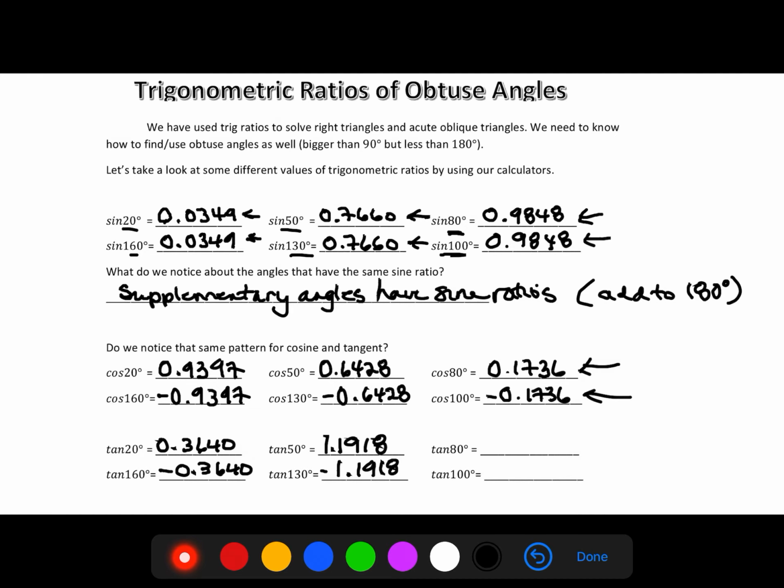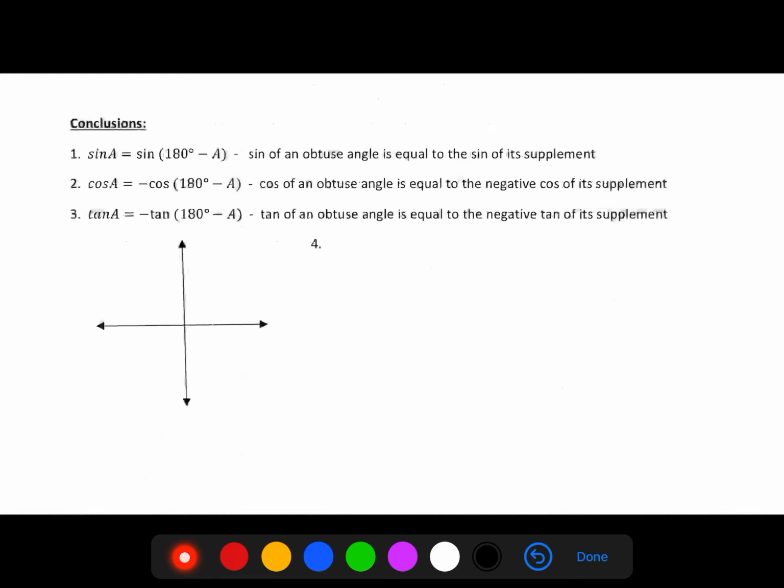Tan 130 is negative 1.1918. And same relationship for our supplementary angles for tangent. Okay, so again, supplementary angles, value is the same, just different signs.